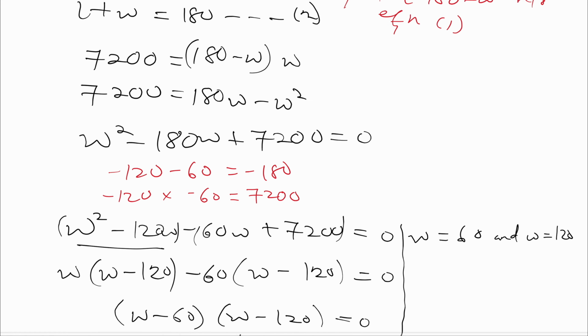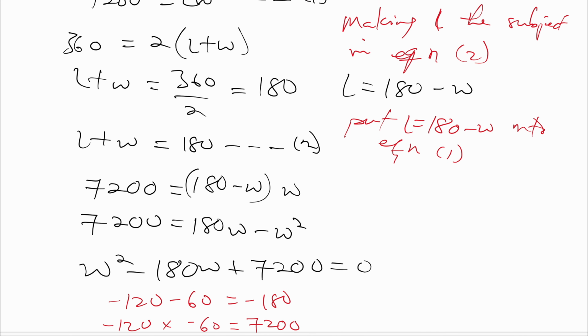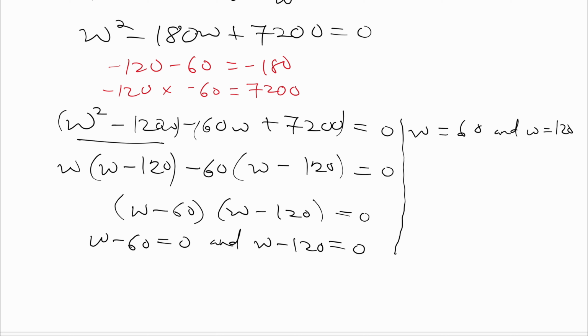From equation 2, we know that L plus W is equal to 180, so L will be equal to 180 minus W. Now we have two values of W, 60 and 120.